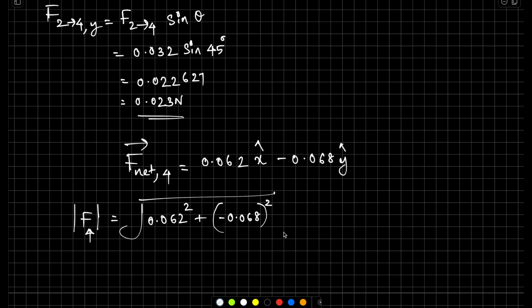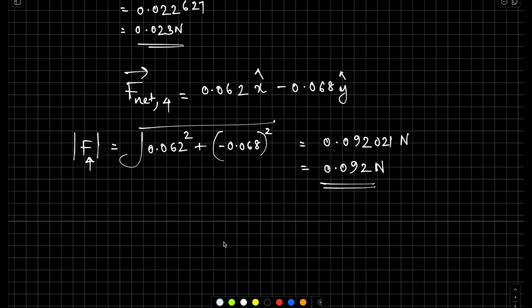If you square a negative number, you get a positive answer anyway, so you could either ignore the negative sign or put it inside a bracket. The magnitude is 0.09221 newtons, rounded to 0.092 newtons. That's the net force on charge number 4.